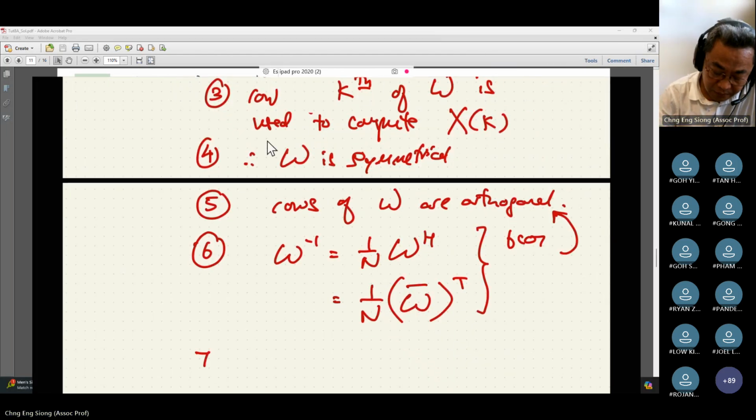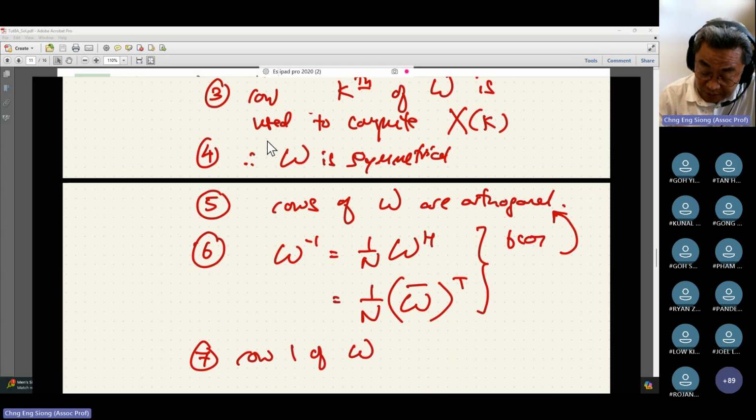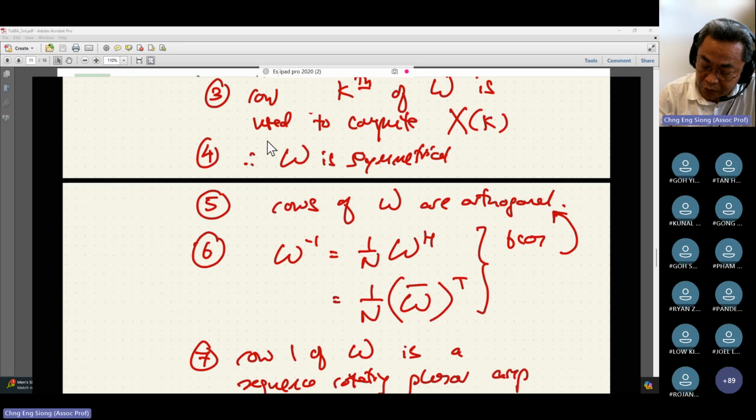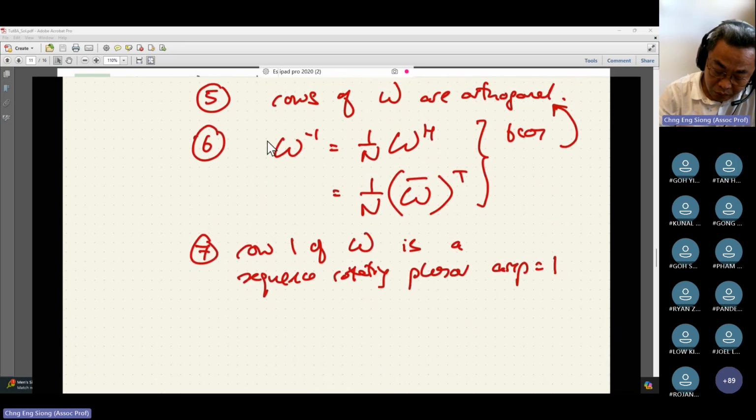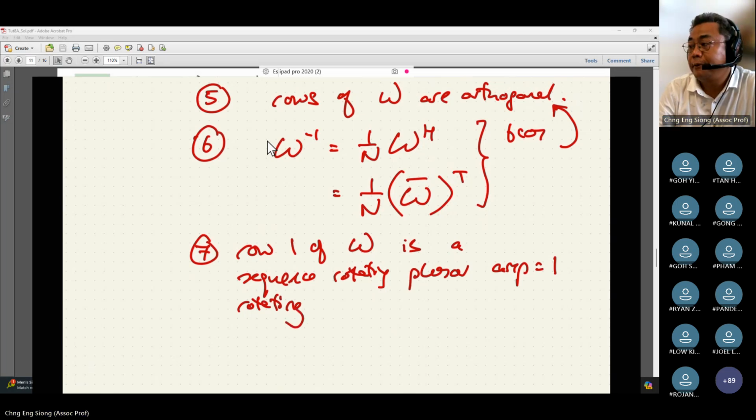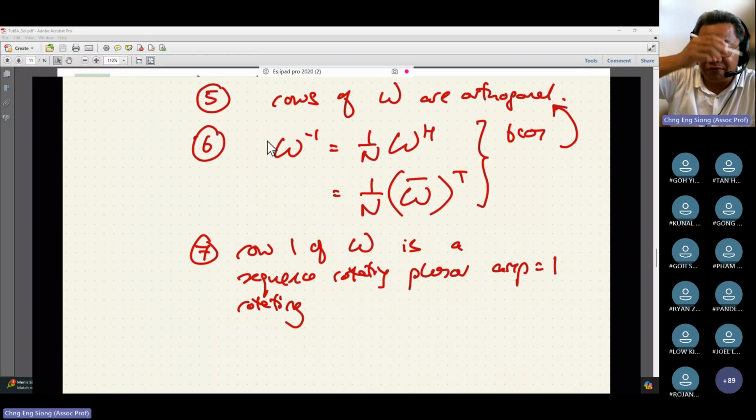Seven. Row 1 of W is a sequence of what? A rotating phasor with amplitude equal to 1. Rotating clockwise or anti-clockwise, guys? The first row of W is a phasor, right?